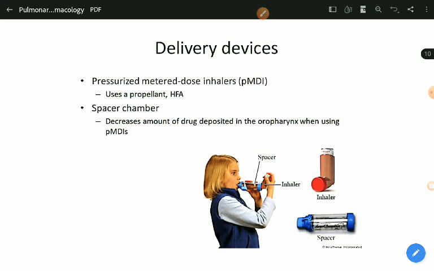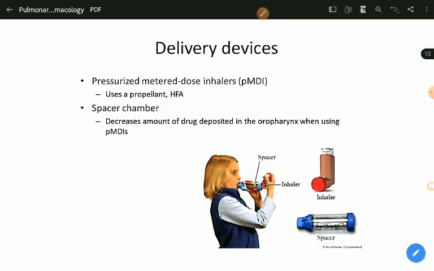Then for better effect, we use a spacer chamber. This decreases the amount of drug deposited in the oropharynx when using the PMDIs, so more of the drug is delivered to the lungs.